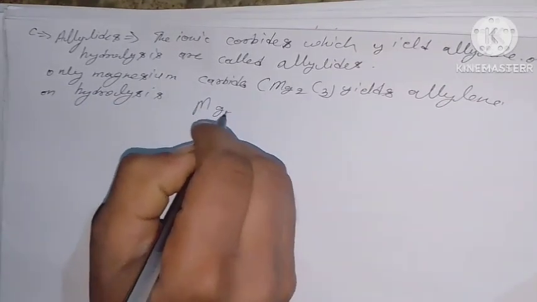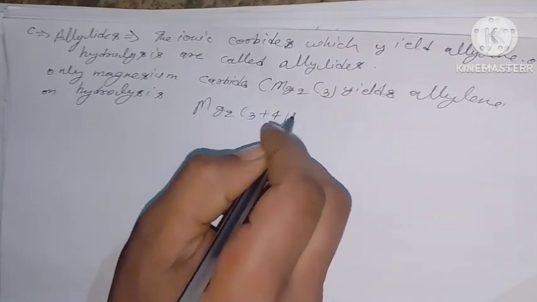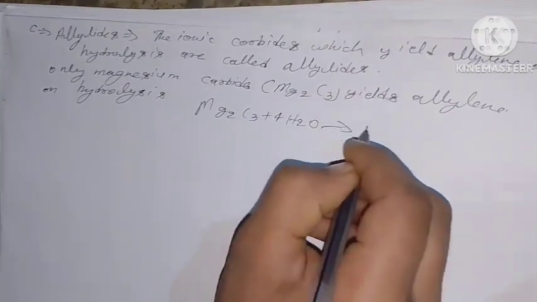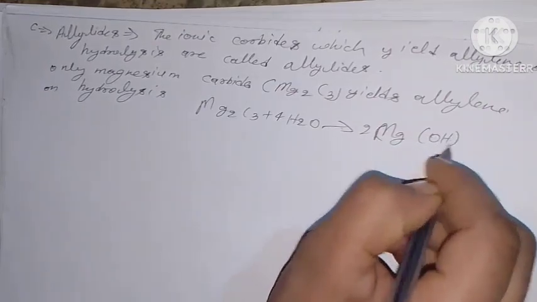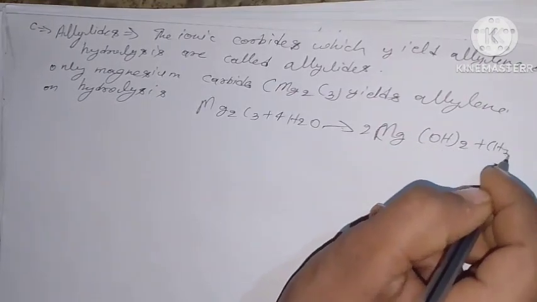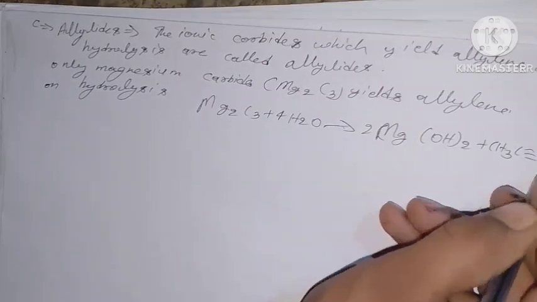Mg2C3 plus 4H2O makes 2Mg(OH)2 plus CH3C triple bond CH.